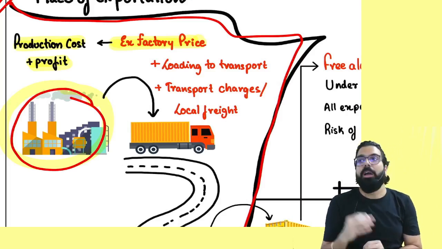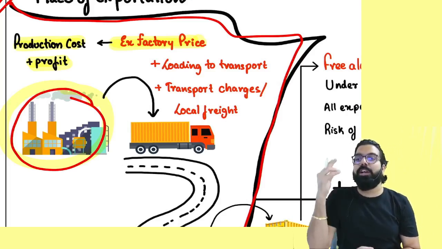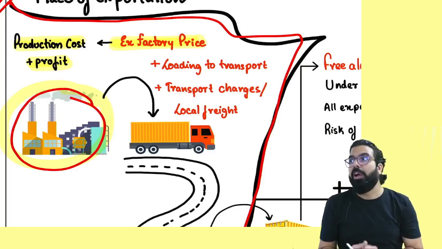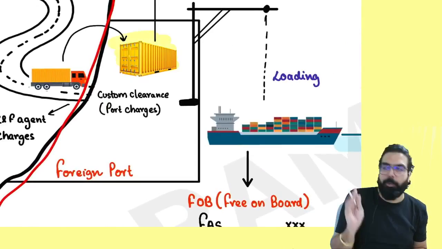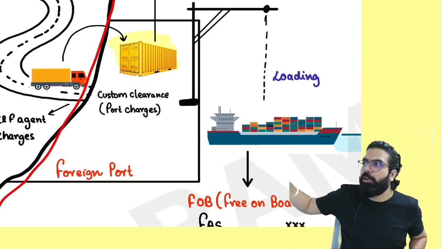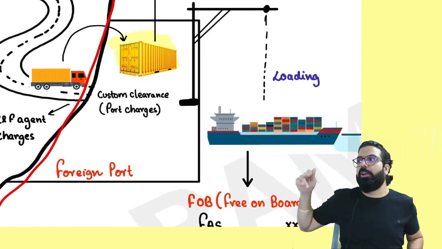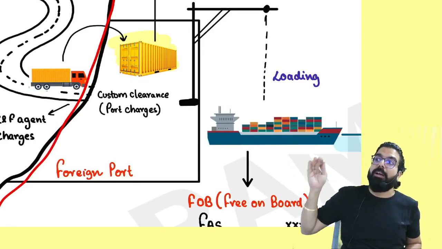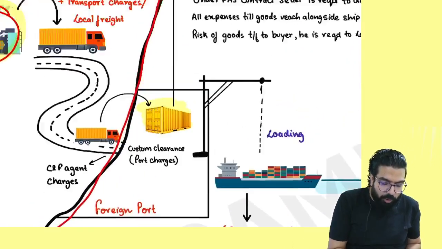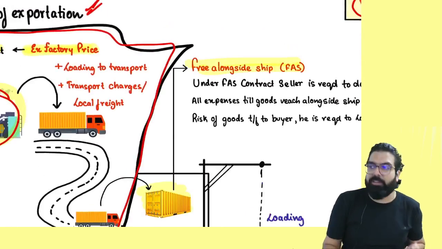I told him, I want 100 units of the goods. He said, very good, I will give delivery of the goods till my customs port. It means from my factory, I will make the goods reach the port. Everyone, this is known as free alongside ship.